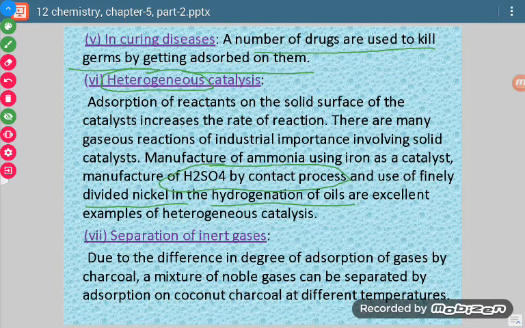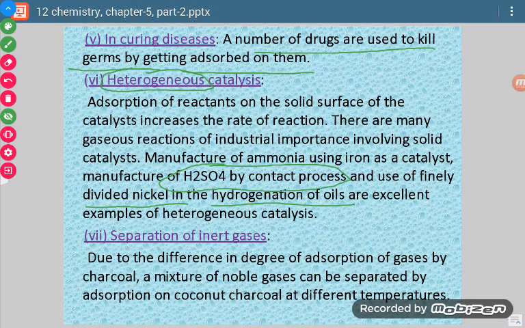But in Haber's process where we manufacture ammonia, and in the contact process where we manufacture sulfuric acid, in both cases we use a catalyst in solid state, finely divided, which adsorbs the reactants and allows them to react.